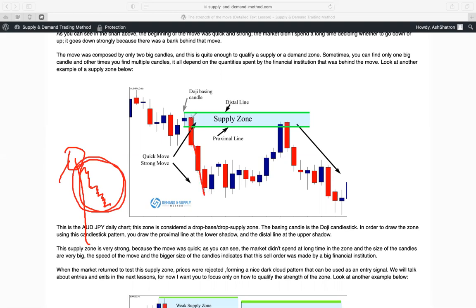Now, once price moves down like this, then I classify this as a supply zone or supply structure. But if price was struggling, let's say this side was my demand zone, look at how price was moving and then a rally. This is not really strong. So if price gets to this side, then this side is more likely to get broken.